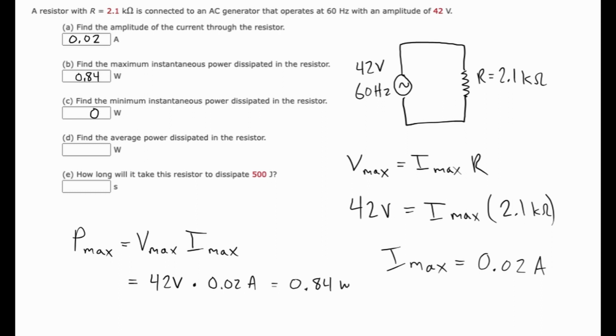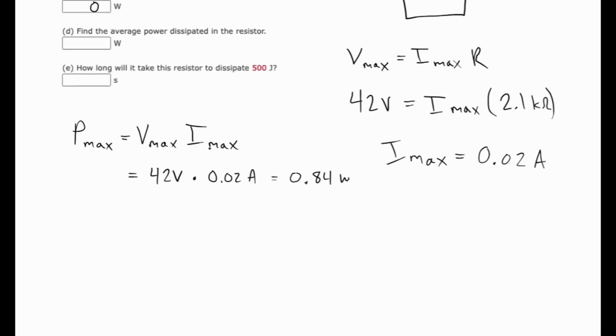Next, it wants us to find the average power dissipated in the resistor. So for that, we can use a couple of different formulas. One of them is to just do V max I max divided by 2 for this situation.